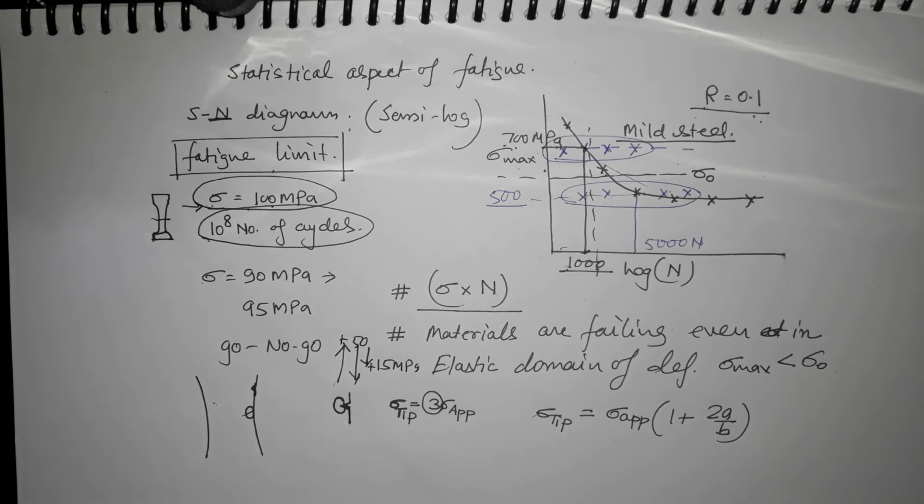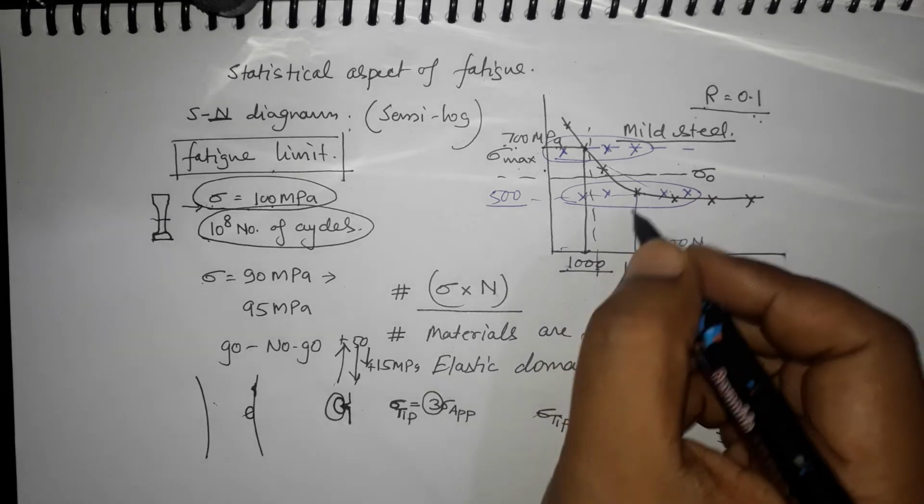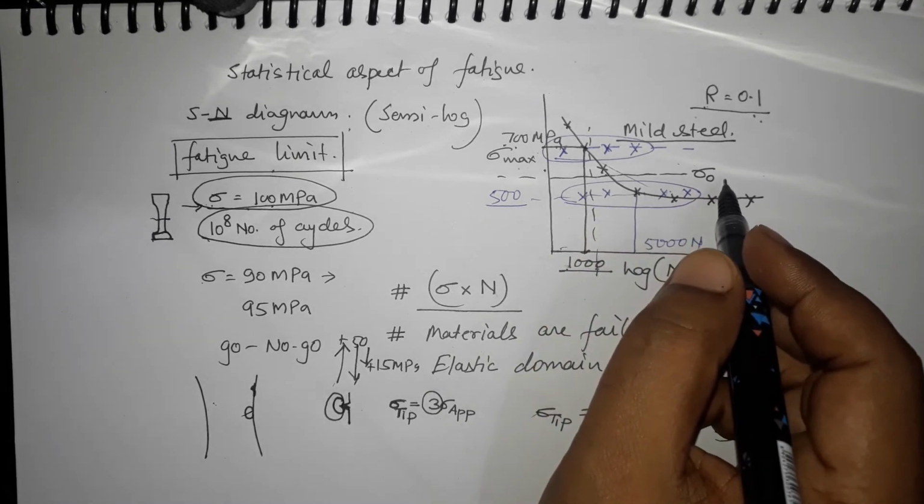Okay, so what will happen is that here you will have a bigger plastic zone forming, and then you will be decreasing the amount of stress, and this will cause the plastic strain to vary in each cycle, right? And this will cause a highly localized deformation which will lead to failure even at stress lower than the yield strength.